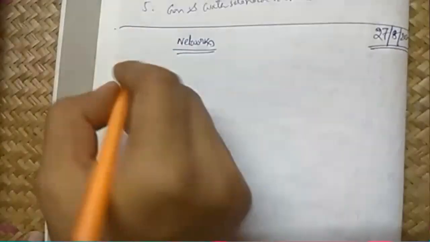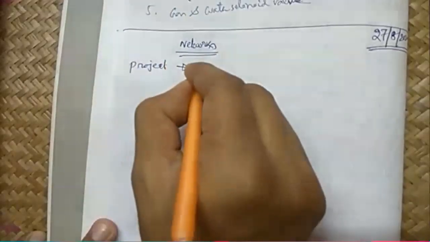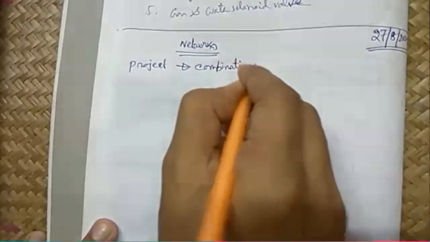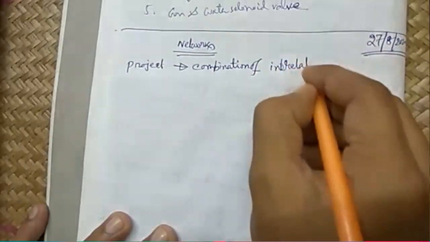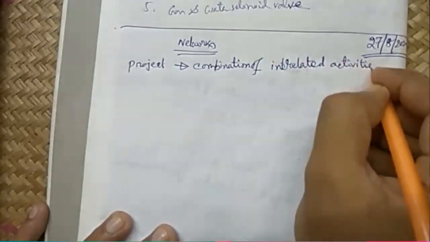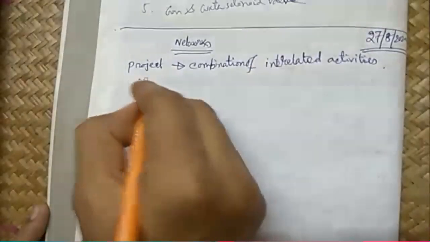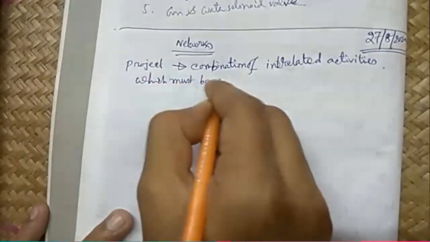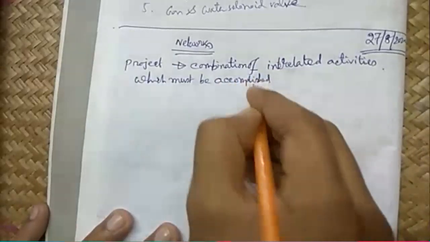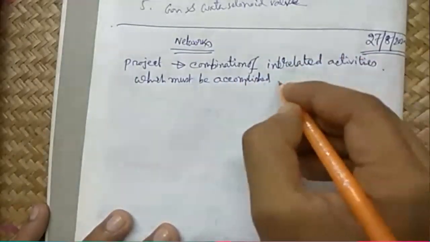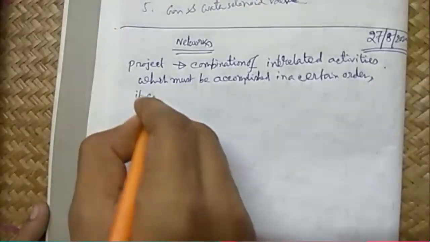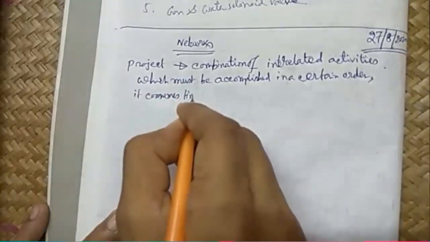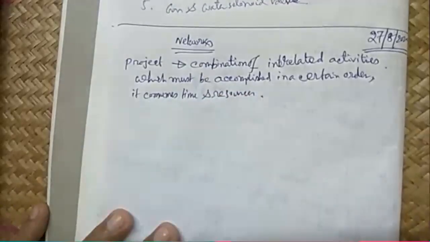Now the question comes, what is a project? A project is defined as a combination of interrelated activities which must be accomplished in a certain order, and it consumes time and resources.